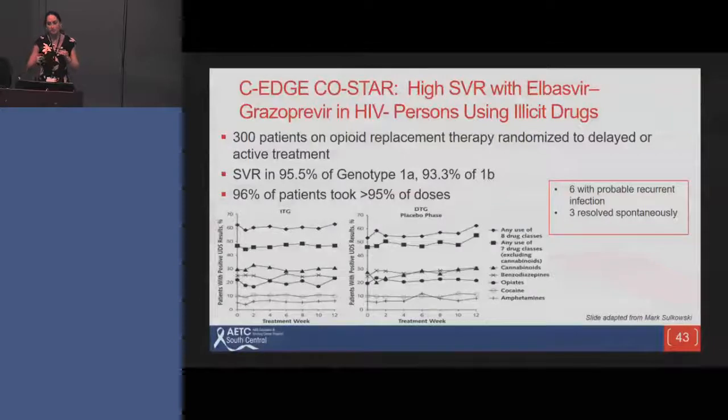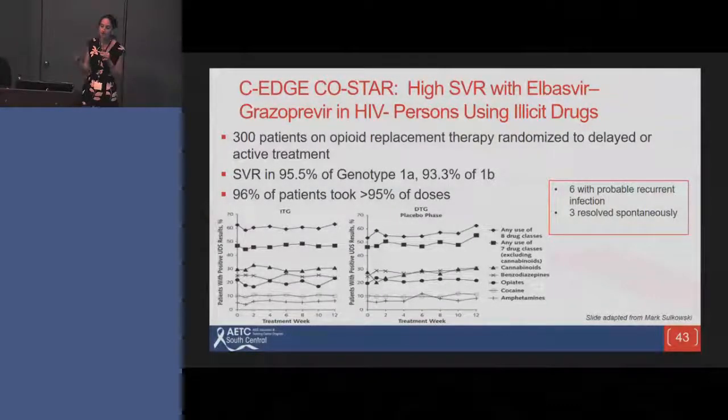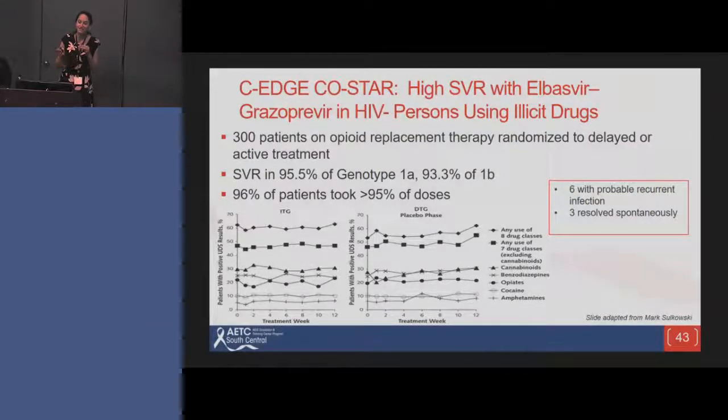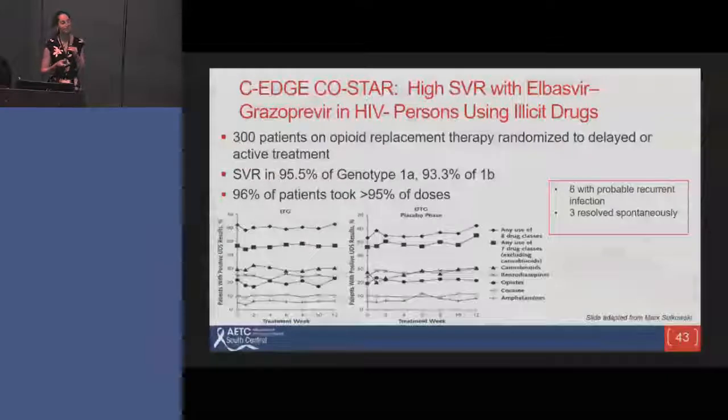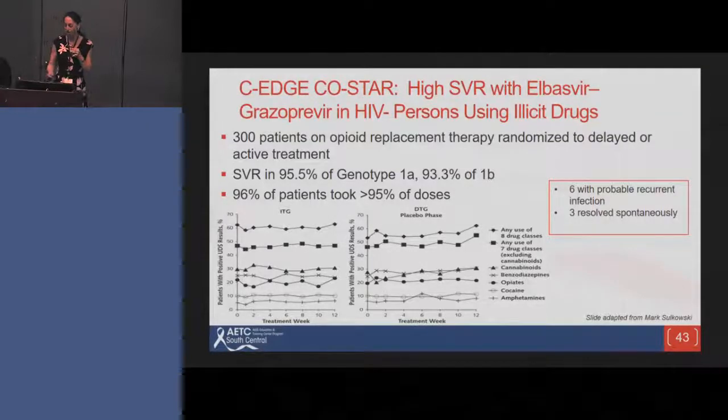So the people who argue, like Texas Medicaid, which requires a negative drug screen before they'll agree to provide treatment, you can make a whole bunch of arguments, but their argument is that people aren't going to be adherent with their treatment. This study shows that that's not necessarily the case.